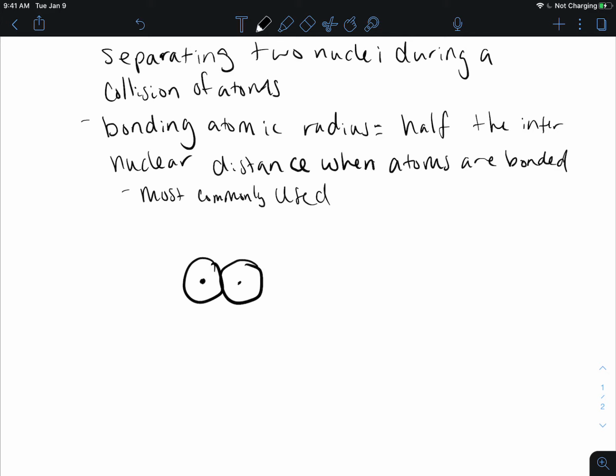So, two nuclei bonded together. This is the internuclear distance, d, and the bonding atomic radius is going to be half that distance, so it equals 1/2 of d.